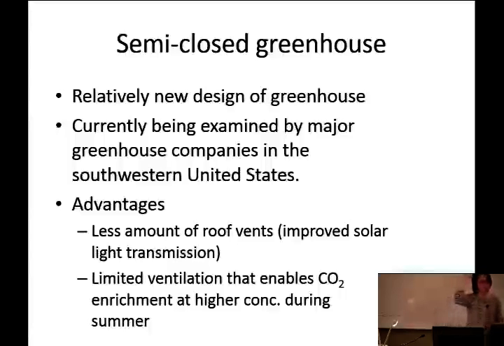So this concept, the semi-closed greenhouse, is to limit the greenhouse ventilation a little bit so that the CO2 can be higher, and then use internal circulation to repeatedly cool rather than one stream going out. And then also, because natural ventilation is reduced, there are fewer vents over the roof, therefore structure is reduced, and therefore the shade components are reduced, more light coming in.